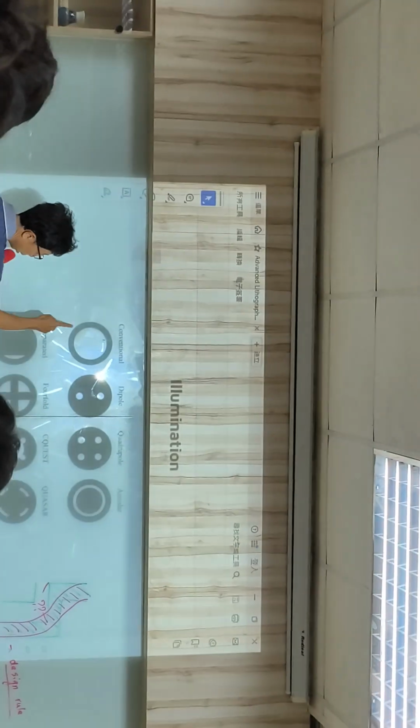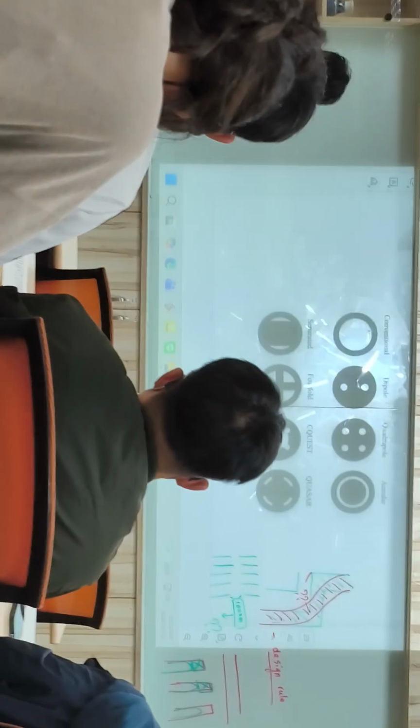Okay, this is just some example. I cover some good examples of what we'll use in the SML tool. This we call conventional illumination.